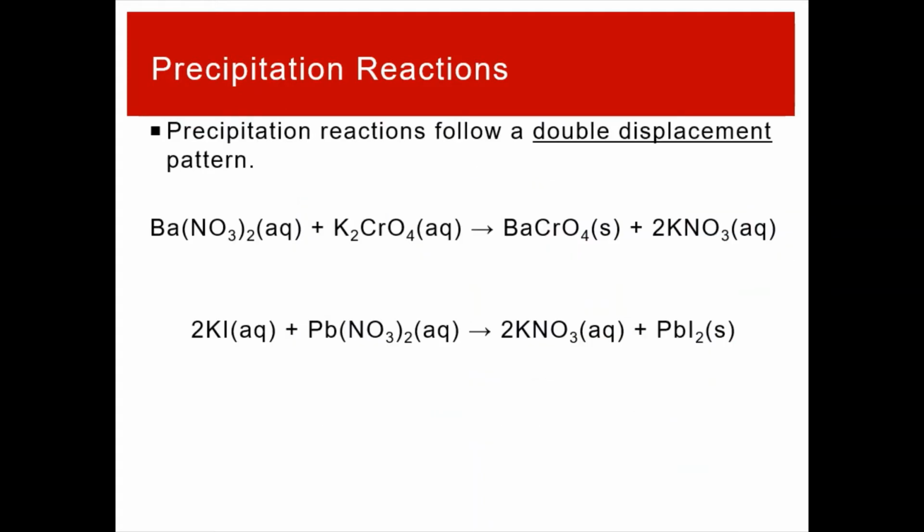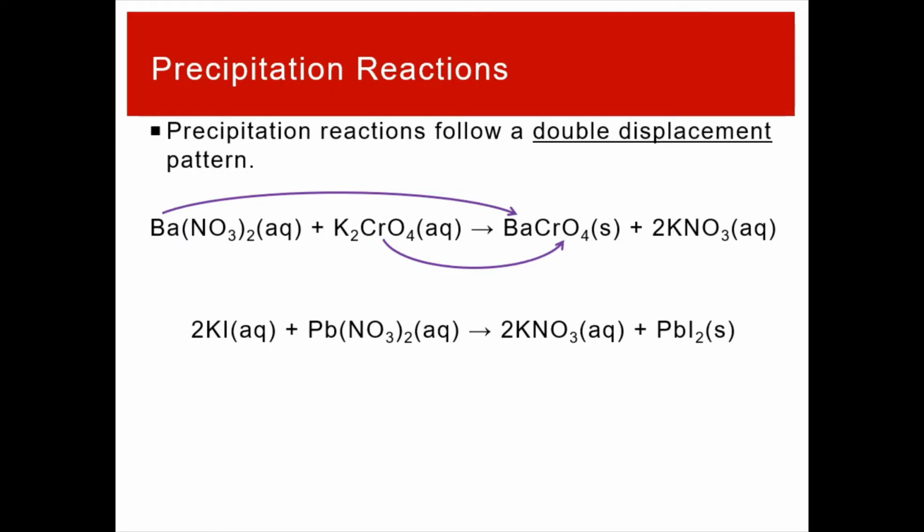So the important thing about these precipitation reactions is they follow that double displacement reaction pattern that we talked about. You have the ions, and all that happens is you trade partners. Barium was paired with nitrate, and potassium was paired with the chromate. They just trade. So the barium and the chromate are coming together. When you mix ionic solutions, really that's the main thing that can happen: a swap.